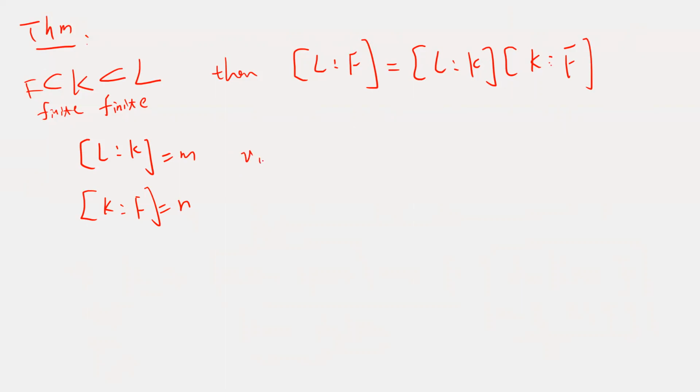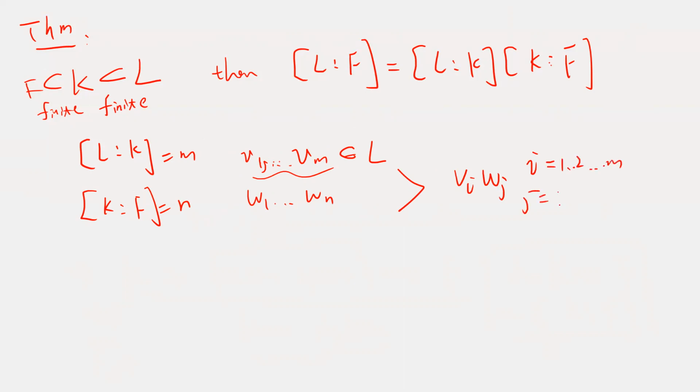So that means L has a basis v1 up to vm, such that all other elements in L can be written as linear combinations over K. And K over F has a basis w1 up to wn. Combining these two, it is easy to check that vi wj, where i goes from 1 to m and j goes from 1 to n, is a basis.